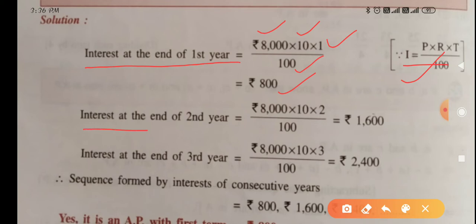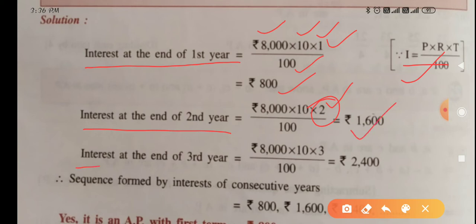Now if you want to find the interest at the end of the second year, in place of time you have to put 2 years, because at the end of the second year means after 2 years you are finding the interest. In place of time T you put 2; in the previous case you put 1, now you put 2, so the interest comes just double, 1600.